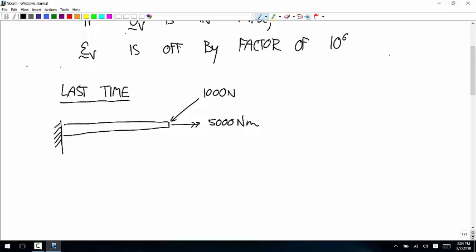And we calculated tension, shear force, bending moment, and torque as functions of x.